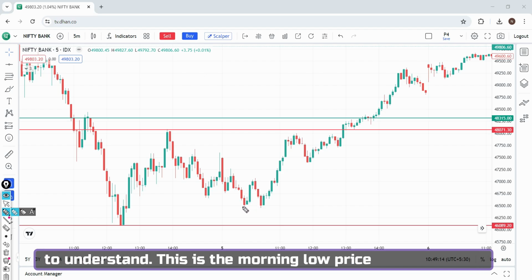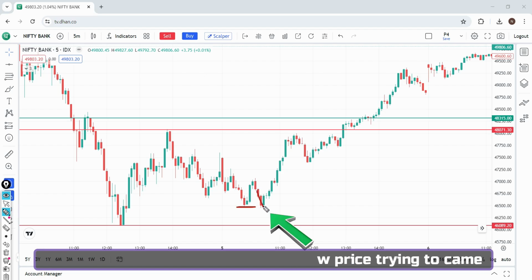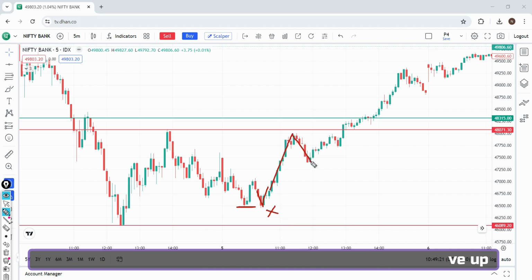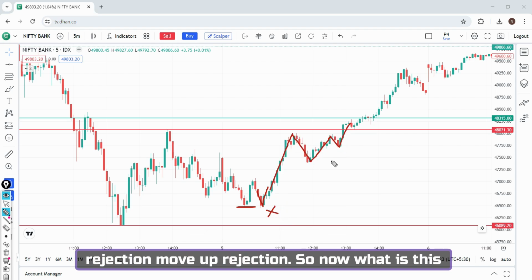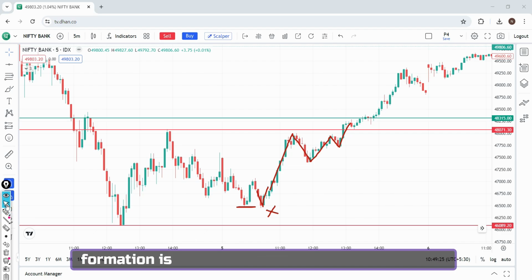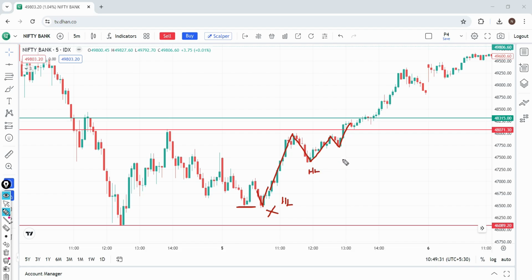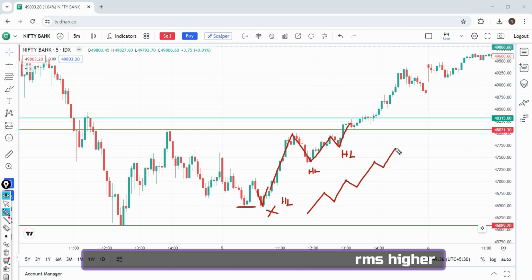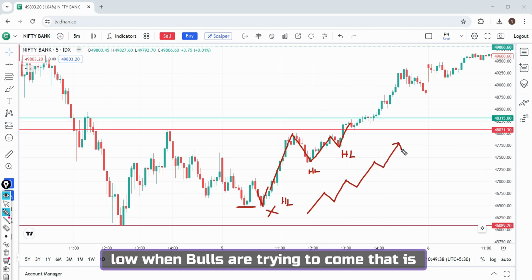First try to understand, this is the morning low, price trying to reverse. No clear bearish action. Price trying to move up, rejection, move up, rejection. So now what is this formation going on? Higher low formation is developed. When price forms a higher low, that is where bulls are trying to come.